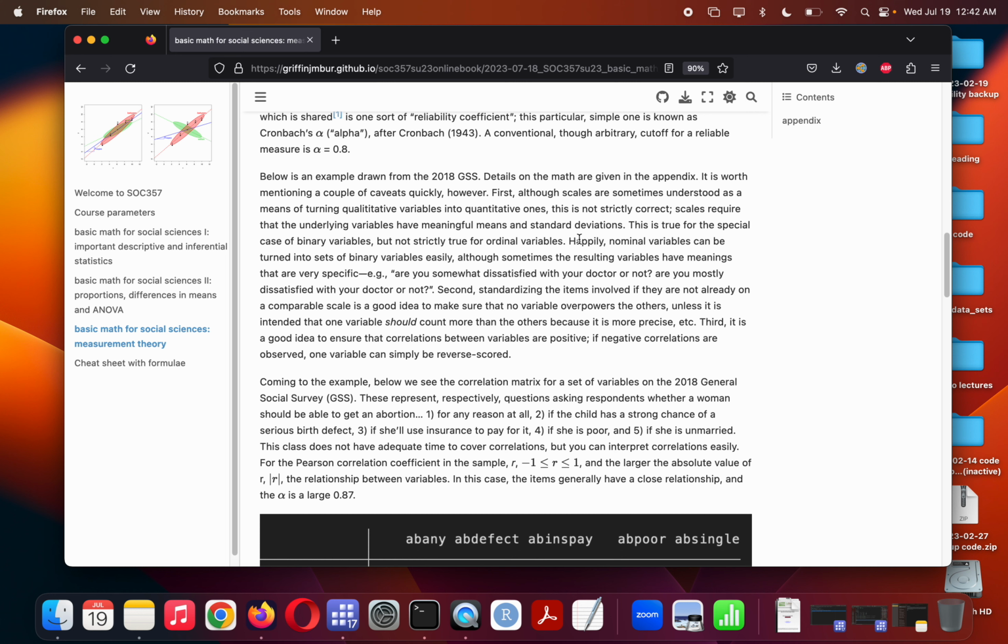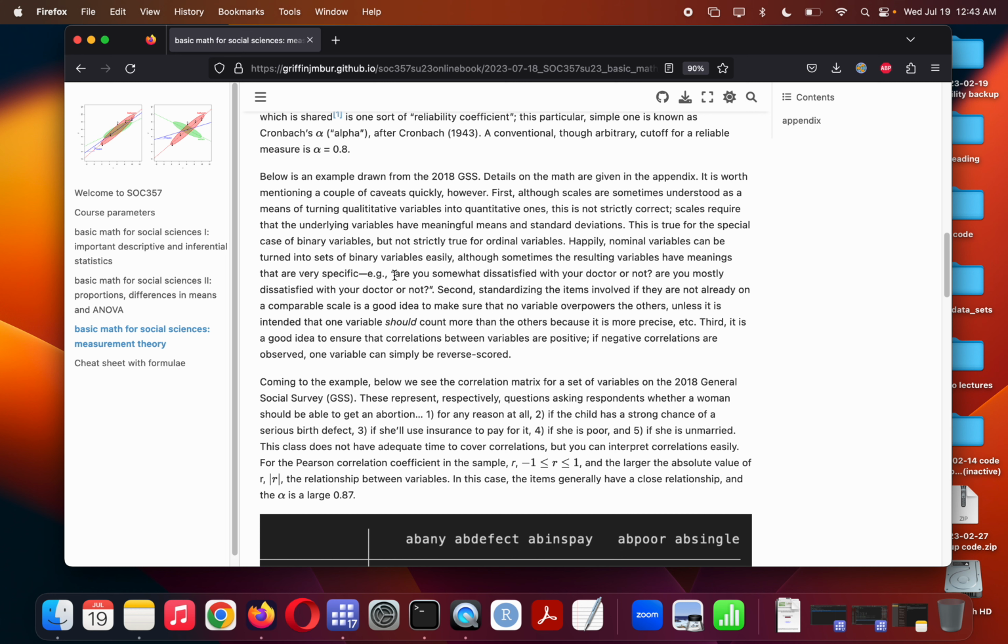Happily, ordinal variables can be turned into sets of binary variables easily, even if the resulting variables have meanings that are very specific, if nothing else. So for example, you might turn a Likert item that says, how satisfied are you with your current doctor? And you get responses such as somewhat satisfied, very satisfied, not satisfied, very unsatisfied, and so on.